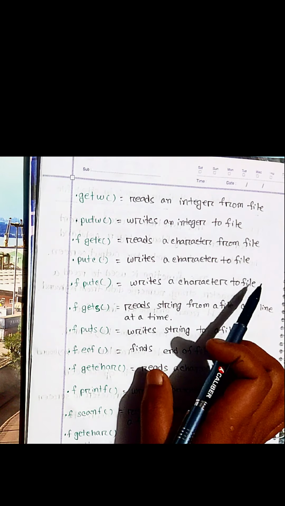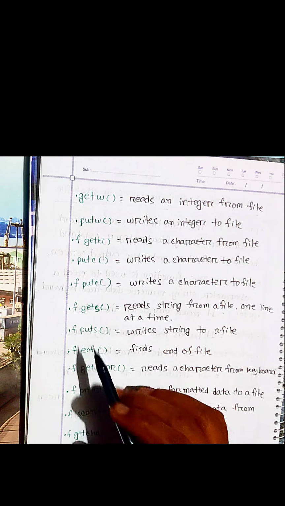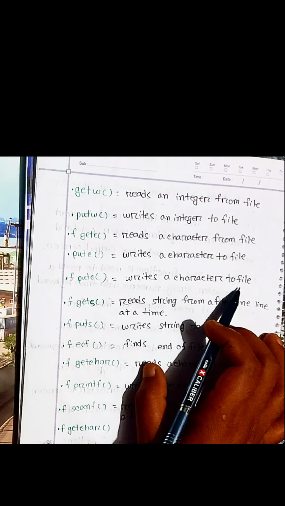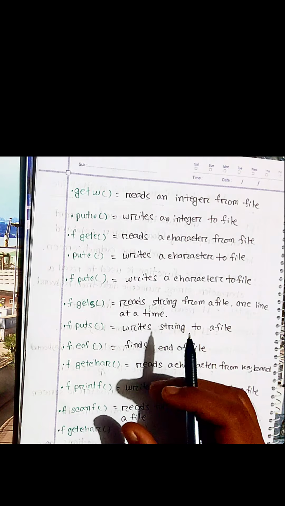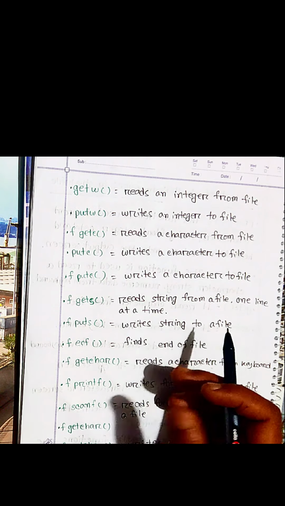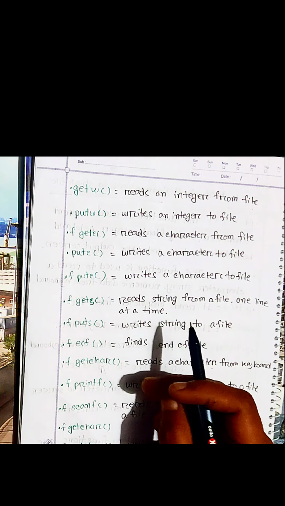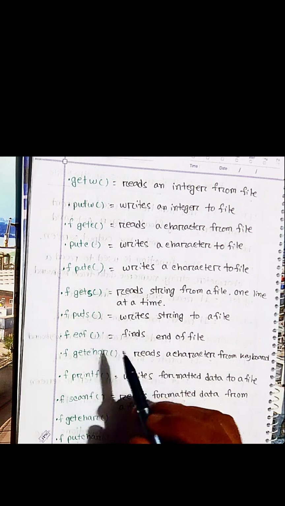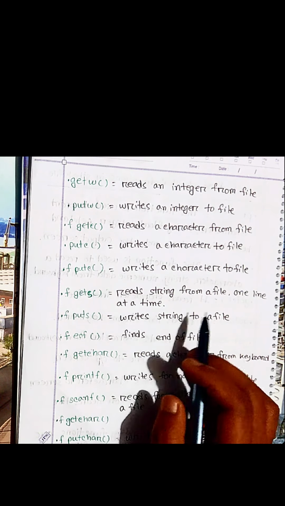Fgets reads a string from a file one line at a time. It will work one by one, not 2 or 5 lines at a time. When one line is finished, it will return its output and start again. Fputs writes a string to a file. It will write a string to a file.